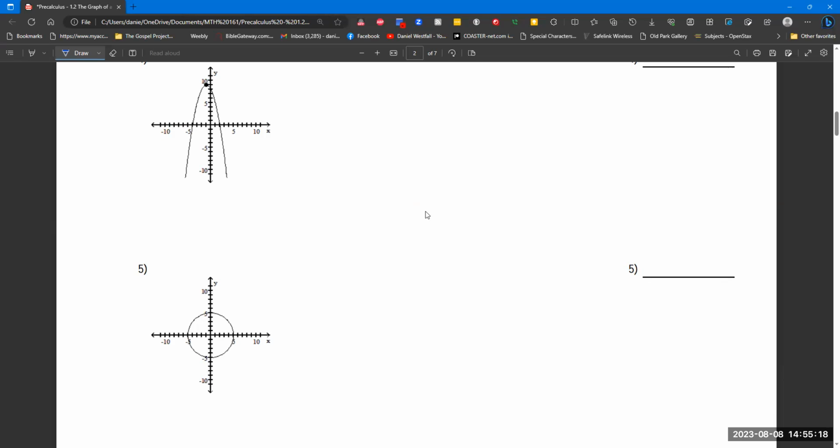This quadratic function is a function. Yes, it has x-intercepts at, looks like, (-4, 0) and at (2, 0). And it looks like it has a y-intercept possibly at (0, 9).